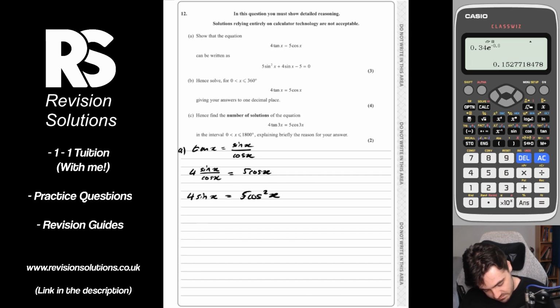And then our answer is only in terms of sine, so we need to convert that cos squared x into a sine squared x. We can do that with this identity, cos squared x plus sine squared x equals 1, or in other words, cos squared x equals 1 minus sine squared x. So substituting that in, we get 4 sine x equals 5 times 1 minus sine squared x.